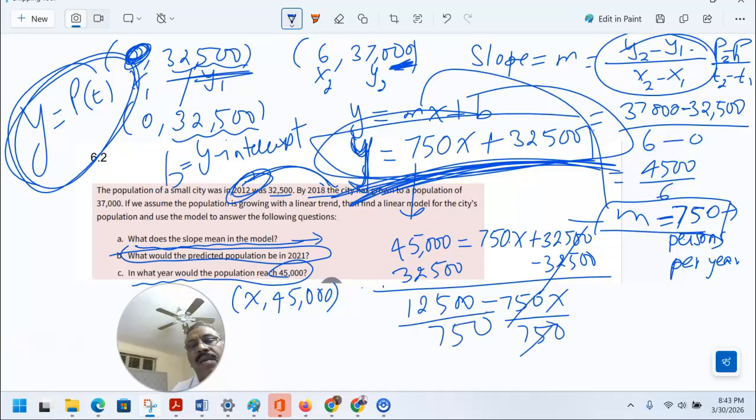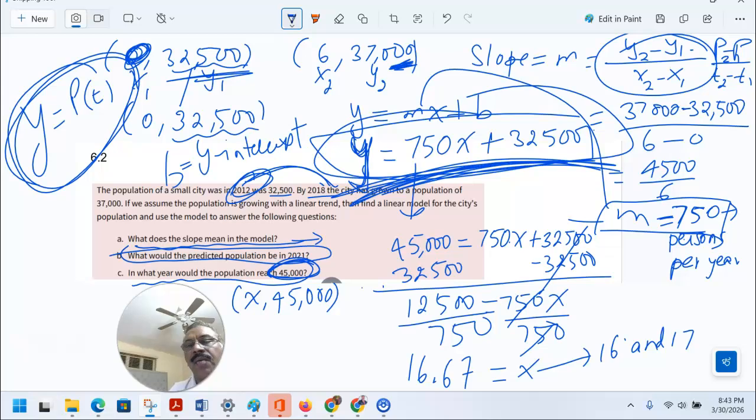So this 750 crosses out, and you get x equals 16.67. So that means between 16 and 17, the population will reach 45,000.